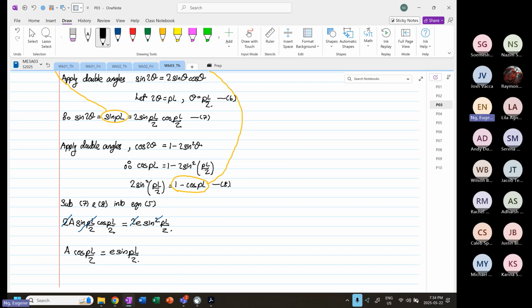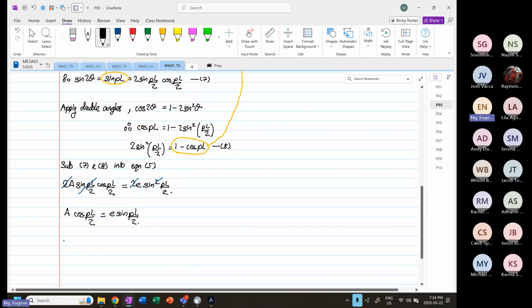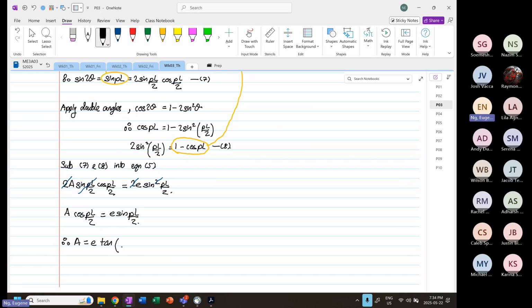So we can let a, so therefore, a is equal to e tangent pL over 2. Okay, so we have determined what our a is.